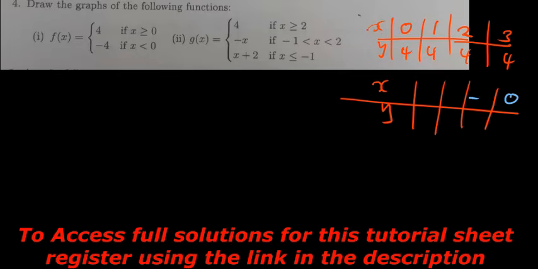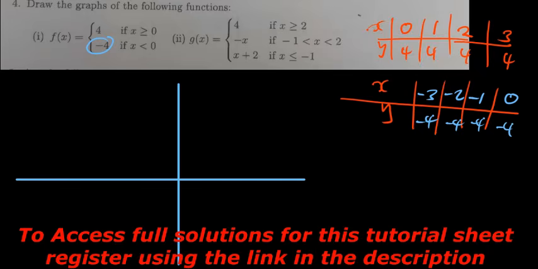Then I'll write negative 1, negative 2, negative 3. What does it tell me? Any number I'm going to plug in, as long as that number is less than 0, the answer is negative 4. So everything will be negative 4, negative 4, negative 4, negative 4. When I do this, let's now sketch. You're going to see how this graph is going to come out. It's going to come out very perfect.